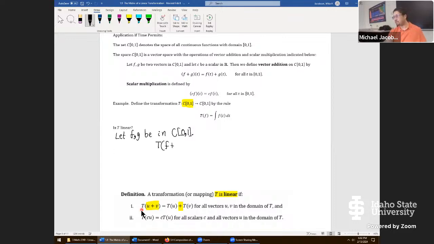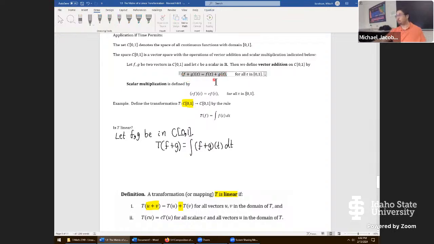T of f plus g. Once we have those two functions, we go to the transformation and see just what it does. It comes up here and it integrates the sum of those functions. So here it is. Integrate f plus g. At this stage, we'd give it the variable t, dt. So that's what the transformation does. At this stage, we're kind of stuck, but that's what this is for.